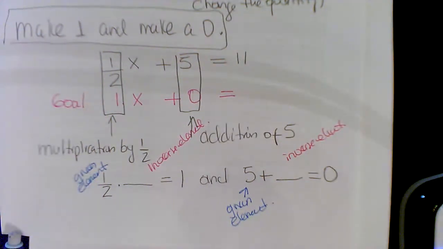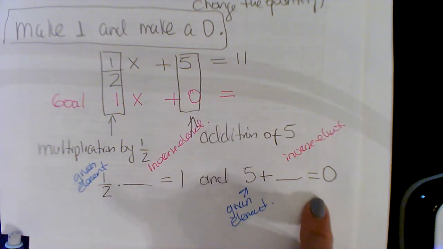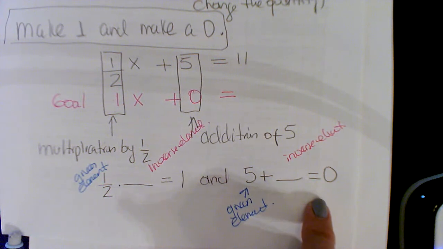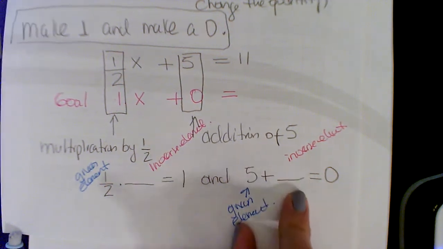The order doesn't matter. You can make a 1 and you can make a 0 in any order, and I will show you. Now, we should take note that when we apply one element, it may have an effect on or change the other element. All right, so let's do that.